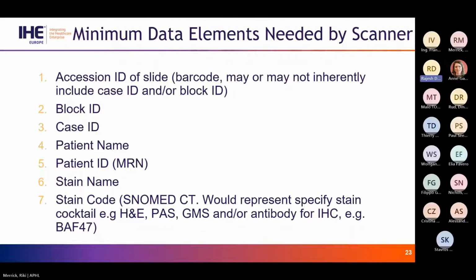How to represent and code it is something that DICOM supports through SNOMED CT, but one of the gaps, as mentioned, is that SNOMED CT does not have a coded representation of everything that might typically be found in a whole slide image for these special stains. Next slide.